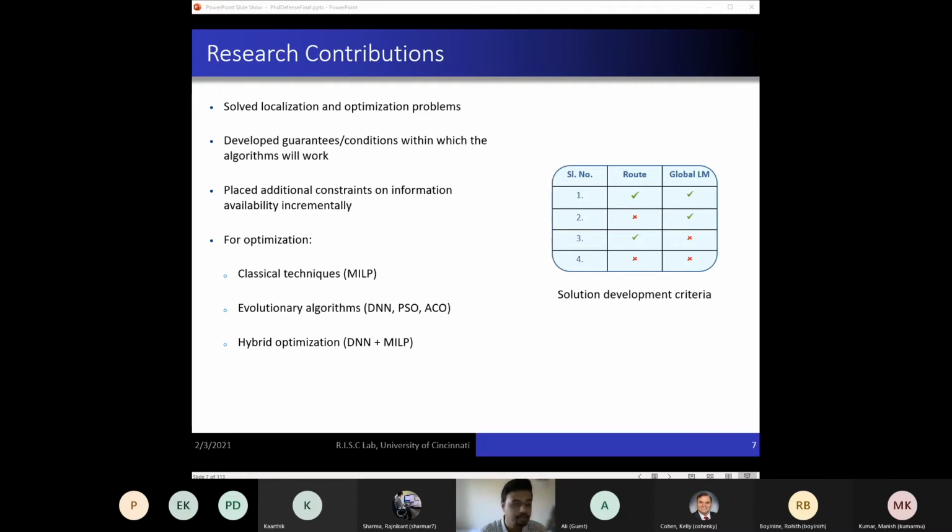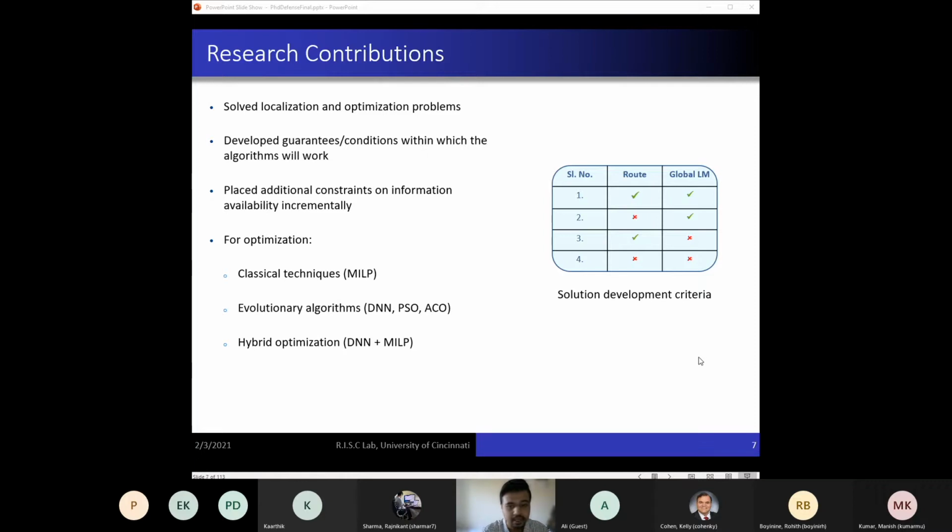In order to solve optimization problems, we explored and developed classical techniques such as mixed integer linear programming, evolutionary algorithms, deep neural networks for function approximation, and gradient-free techniques such as particle swarm optimization and ant colony optimization. For my final problem, we have leveraged the advantages of both worlds to develop a hybrid optimization strategy for feature injection in an otherwise feature-deficient environment to enable localization.